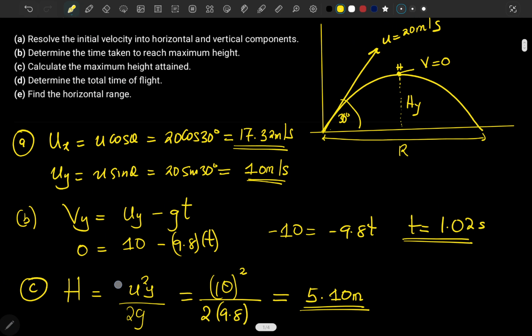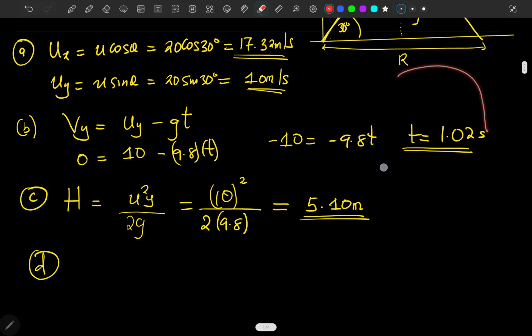D, determine the total time of flight. For total time of flight, we need to look at the time taken from there and also from there. But we know that from here to here, it was 1.02 seconds. Meaning if it has to be again from there to there, we just double it. That's the easiest way we can do it.